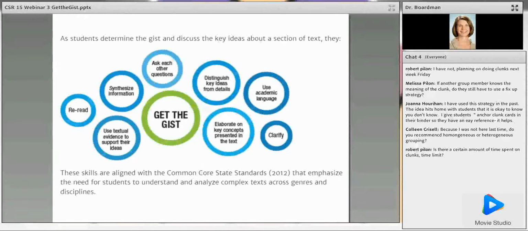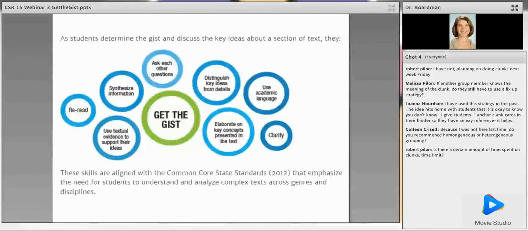As students determine the gist and discuss the key ideas about a section of text, they're doing a lot of great literacy development skills. So they're elaborating on key concepts, and they're using academic language. They're clarifying understanding. They're using textual evidence, a big push, of course, in the Common Core. They're rereading.